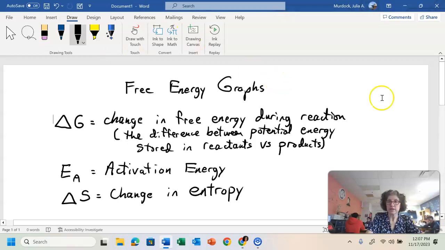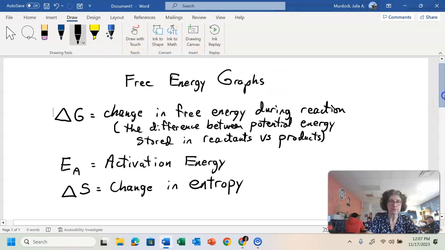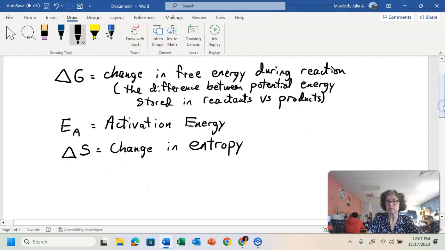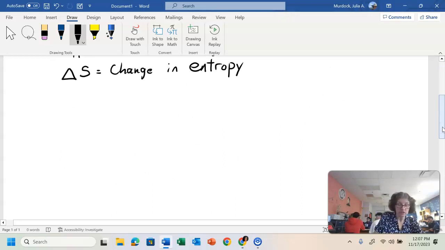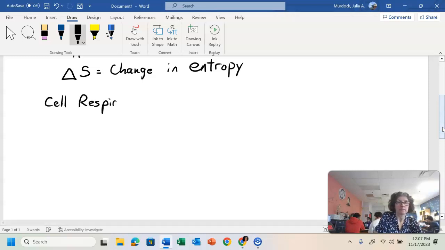Okay, so now with that done, let's actually draw the graphs that will show you where these different values are. So I'm going to draw one graph for cell respiration and another graph, the exact same type, but for photosynthesis.